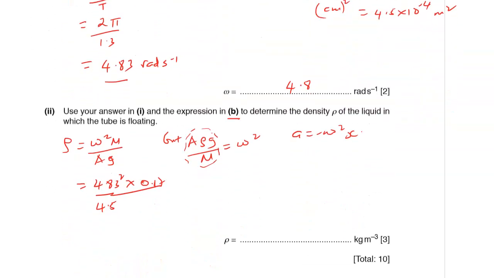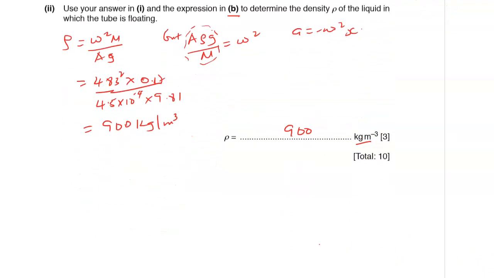So that is what you're going to use here, 4.5 times 10 raised to the power minus 4 times g, which is 9.81. Good evaluation will give you rho is 900, and this is the unit of density, kilograms per meter cubed. Great.